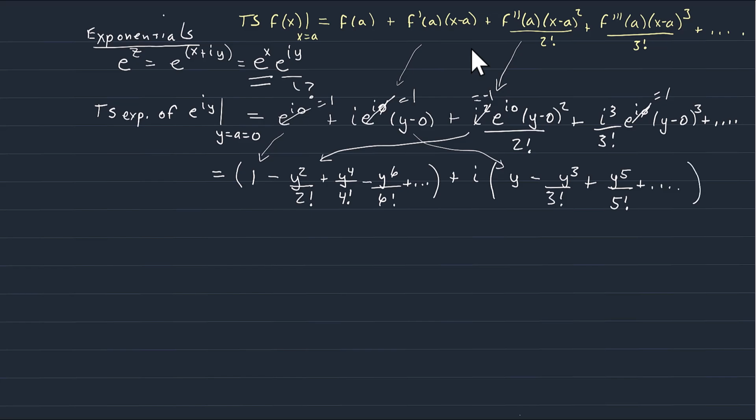So the real parts have the even powers of y, and the imaginary parts have the odd powers of y. It turns out that this is the Taylor series expansion of cosine y, and this is the Taylor series expansion of sine y. So from this, we see that e to the iy is equal to cosine y plus i sine y.